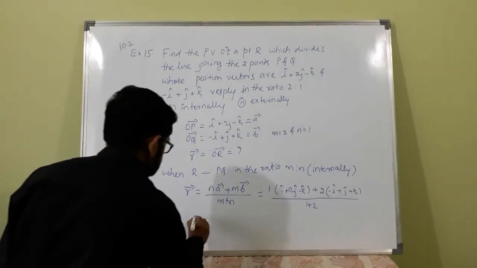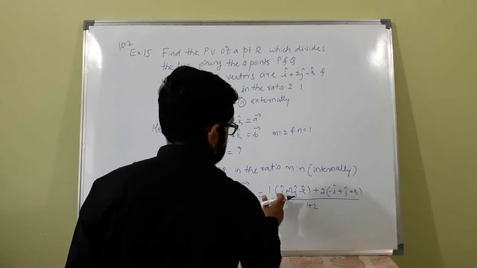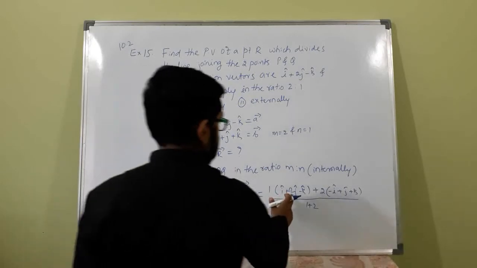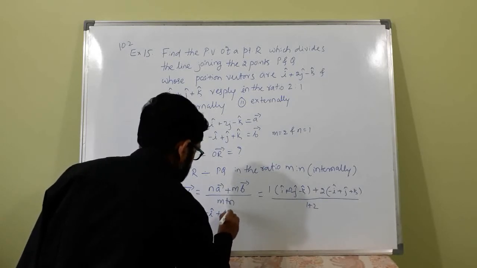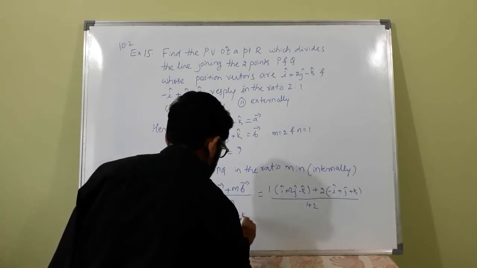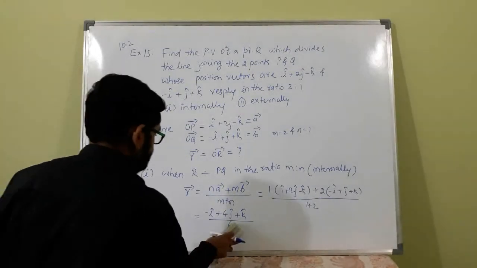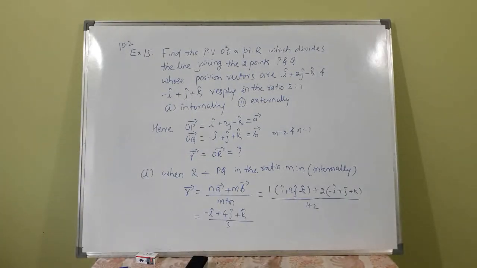That is 1 minus 2, that is minus i, plus 2 plus 2, 4j, minus 1 plus 2, plus k, by 3. So this is the required vector which divides in the ratio 1 is to 2.